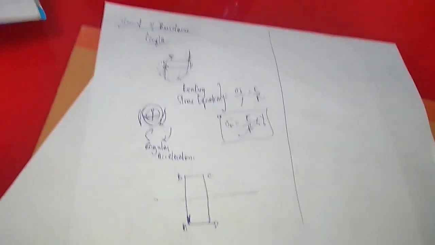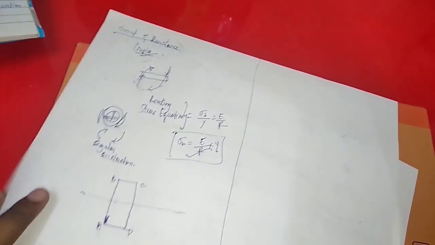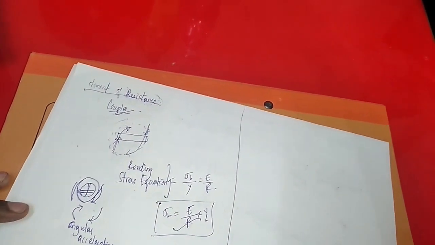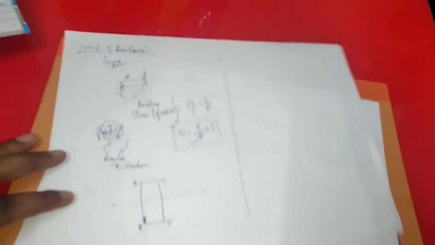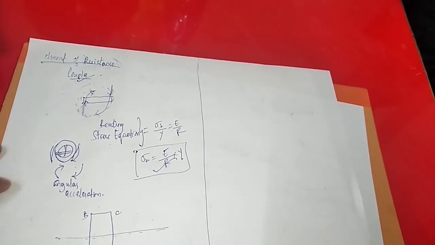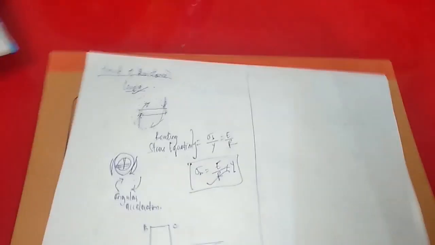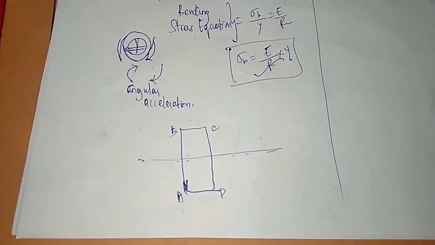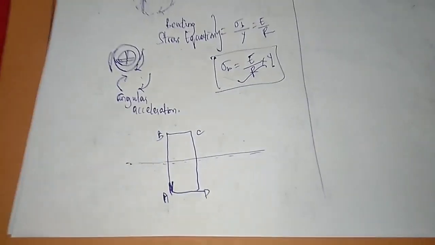What is neutral axis? Neutral axis is nothing but the axis which is not either compression or tension. It's a neutral thing. It is a common for both tension and compression. Okay, so it is not either tension or compression.